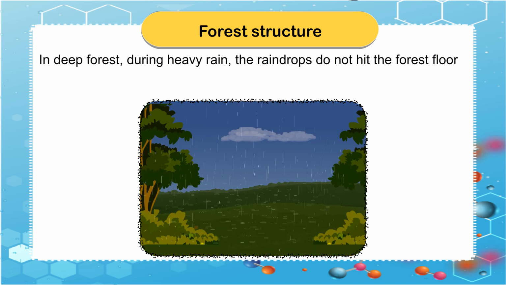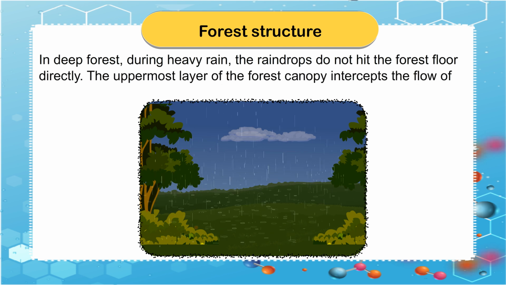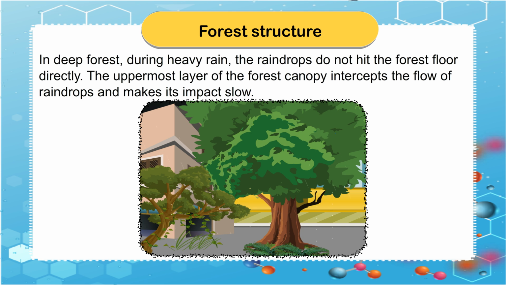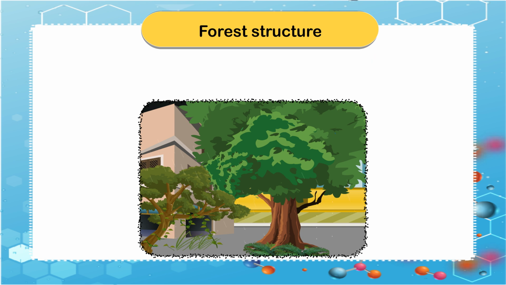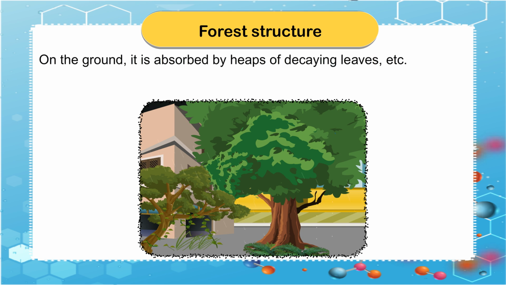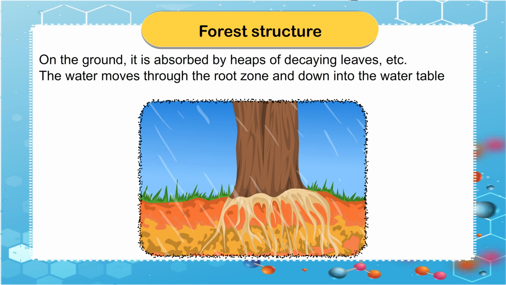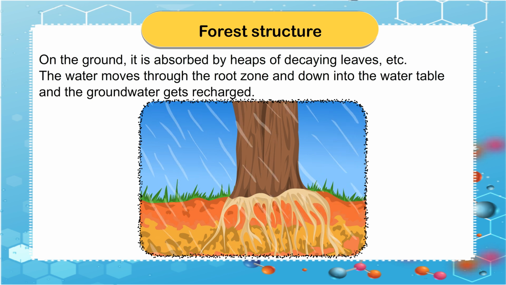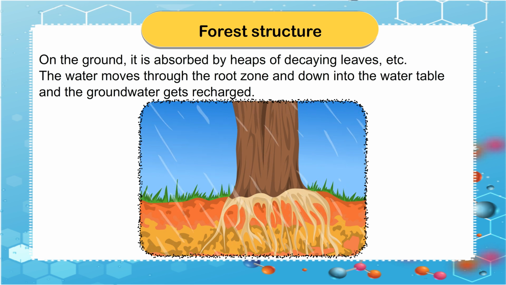In deep forest, during heavy rain, the raindrops do not hit the forest floor directly. The uppermost layer of the forest canopy intercepts the flow of raindrops and makes its impact slow. On the ground, it is absorbed by heaps of decaying leaves, etc. The water moves through the root zone and down into the water table, and the groundwater gets recharged.